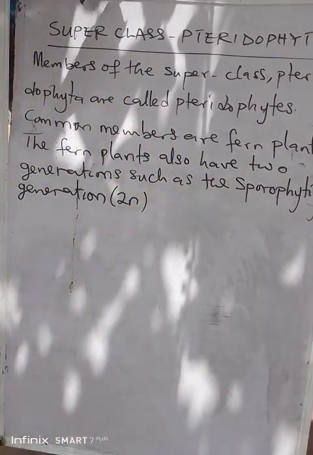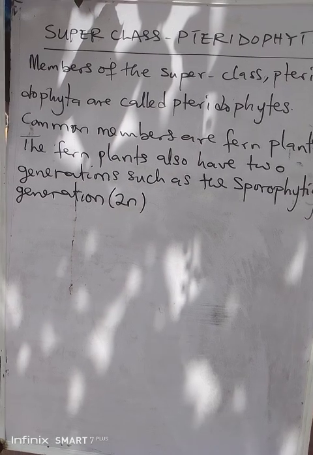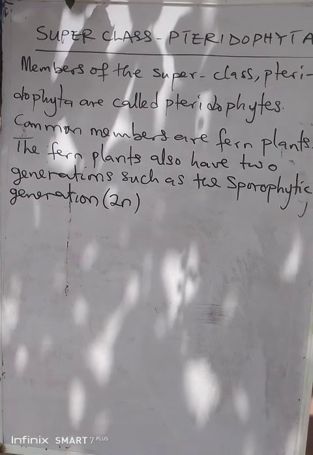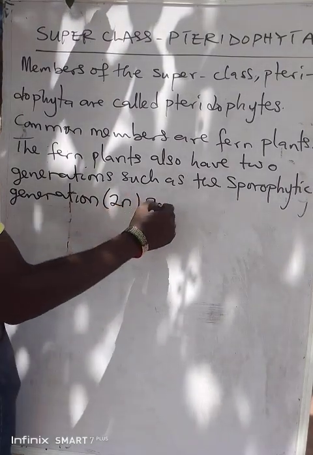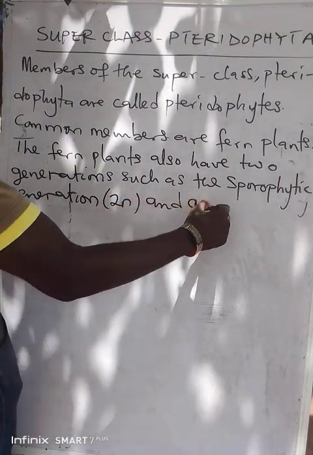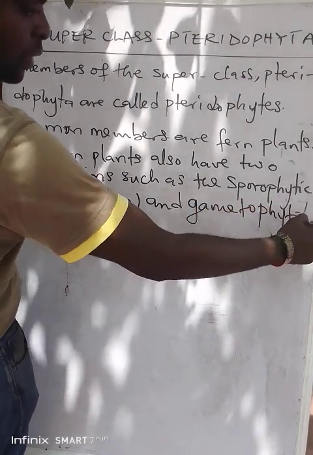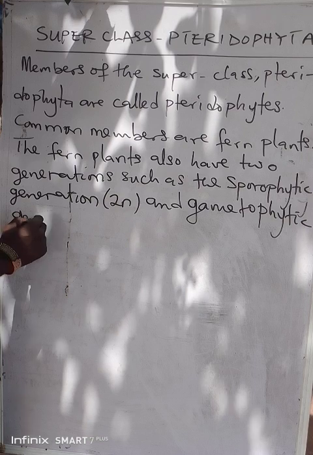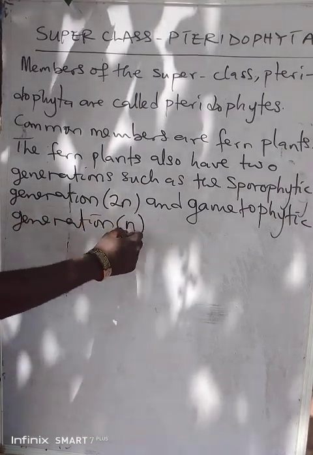Diploid in the sense that they have the complete number of chromosomes, which is 2n. They have a sporophytic generation and a gametophytic generation, which is haploid.